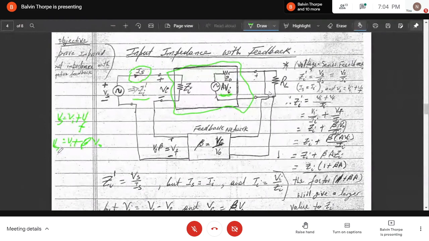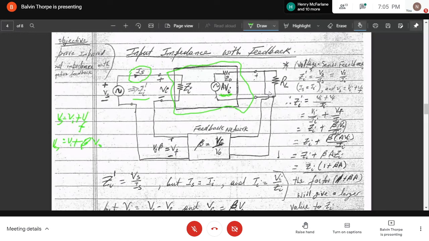All right, that's VS. And remember, our objective all the time is to find VS over II, the same thing as VS over IS, because remember, II equals IS.